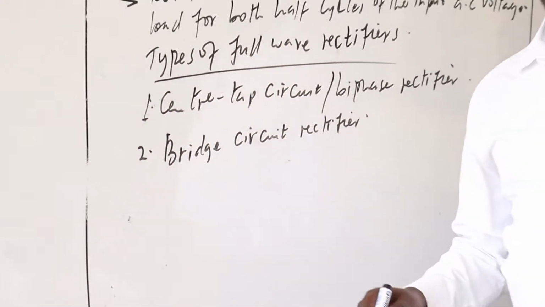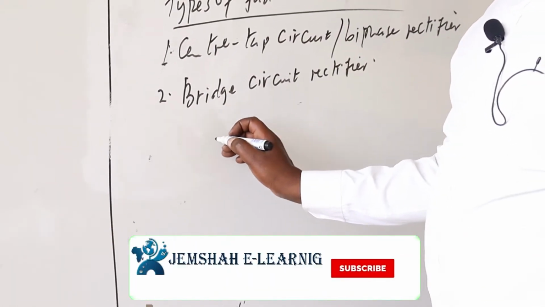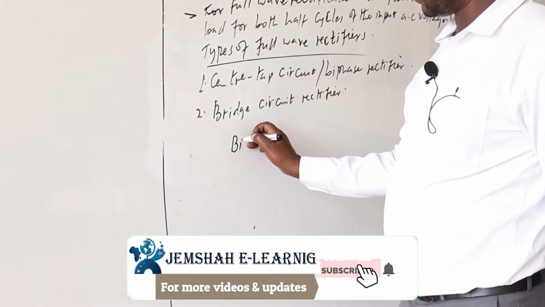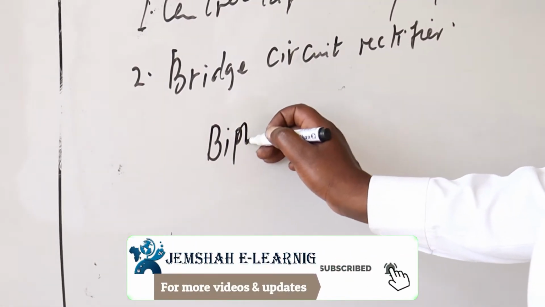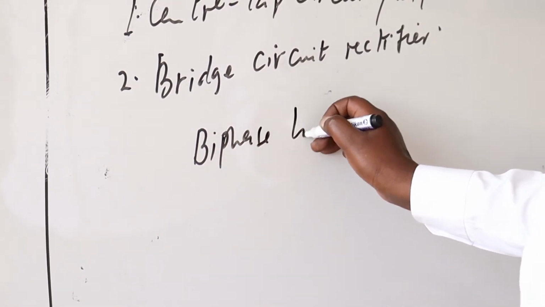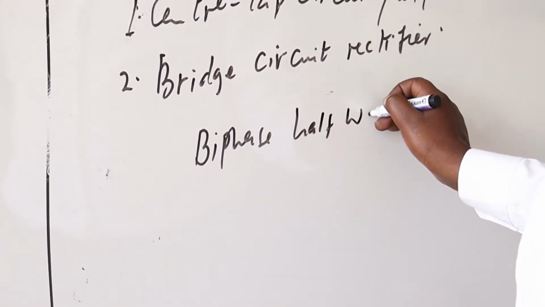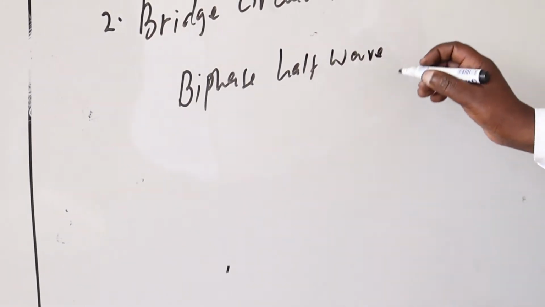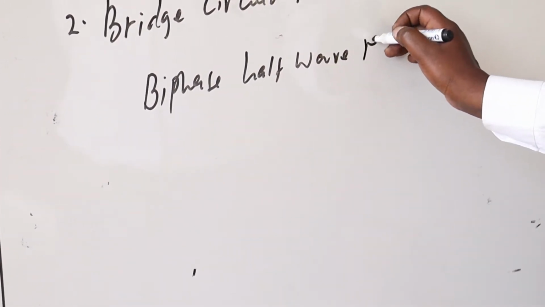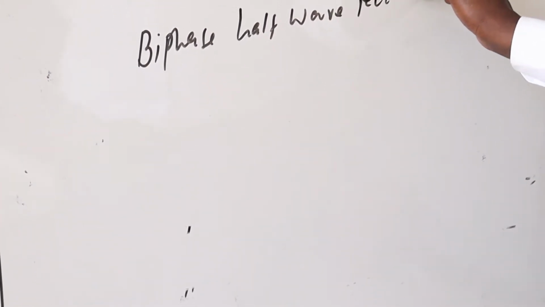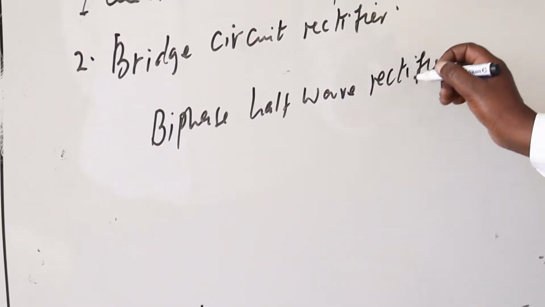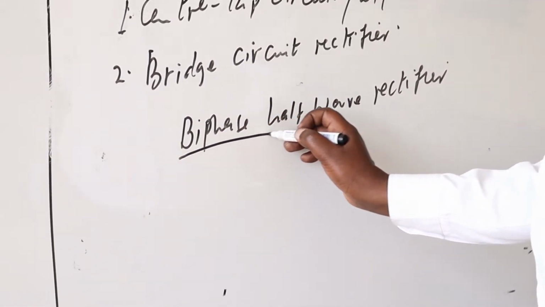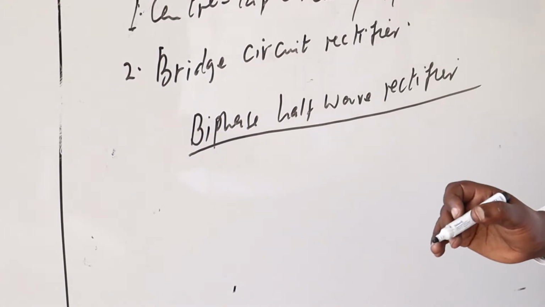So biphase half wave. So we call it the biphase rectifier. So we'll have the circuit diagram and the waveforms.